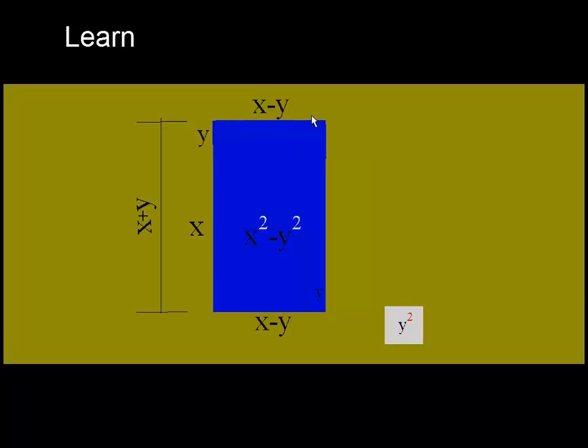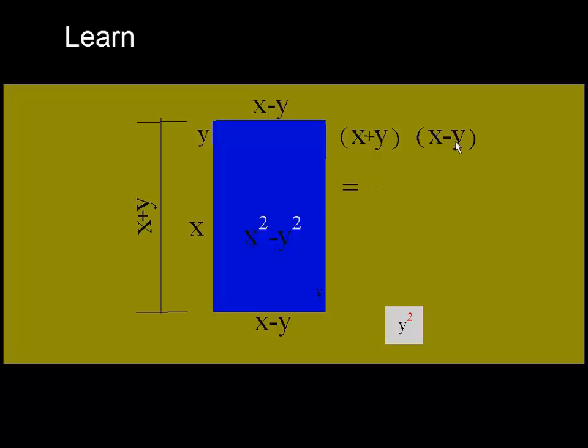The area of this rectangle is the length x plus y times the width x minus y. This is the area according to multiplication of its length times its width. But we calculated it first as x squared minus y squared.